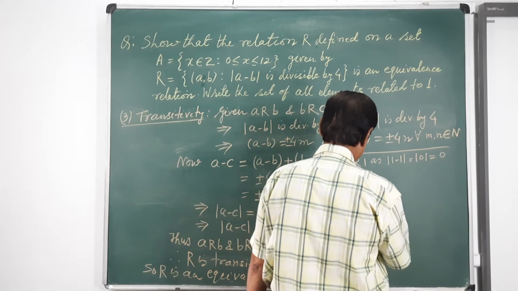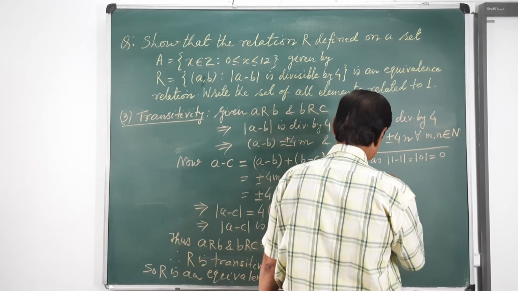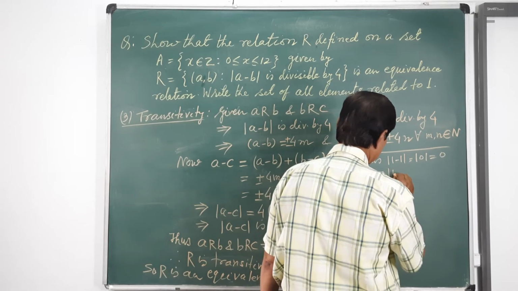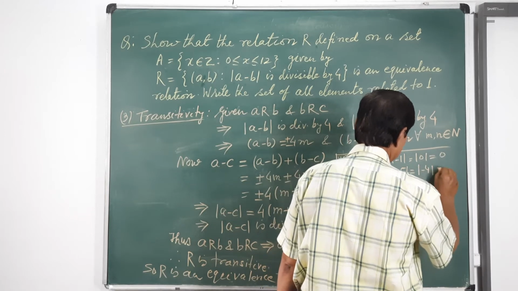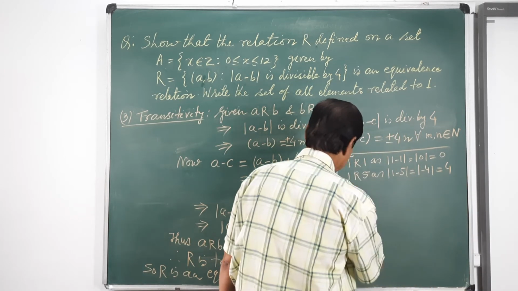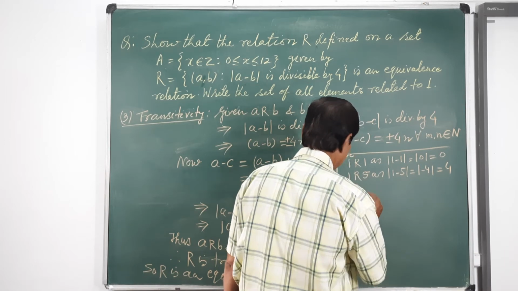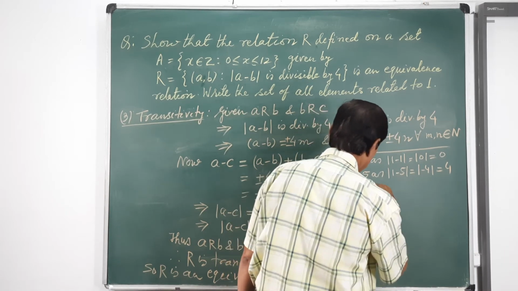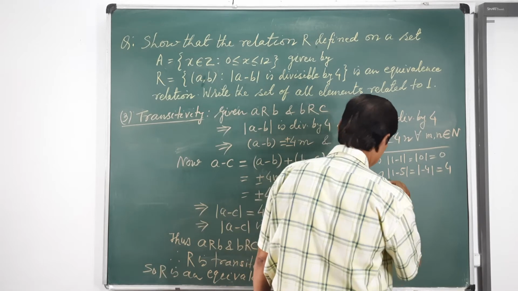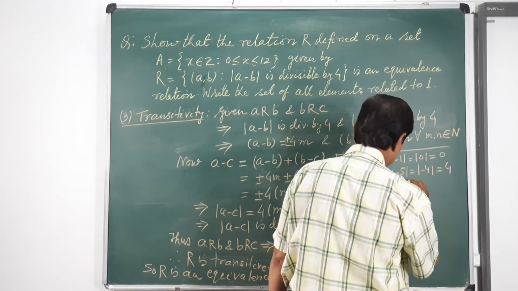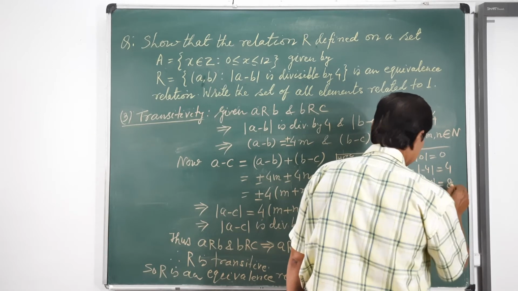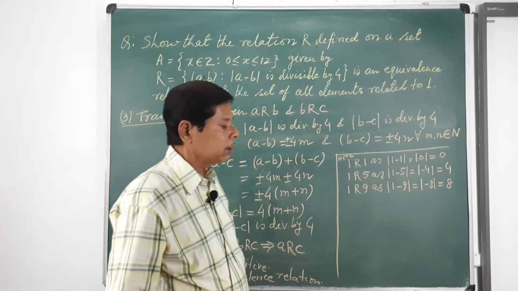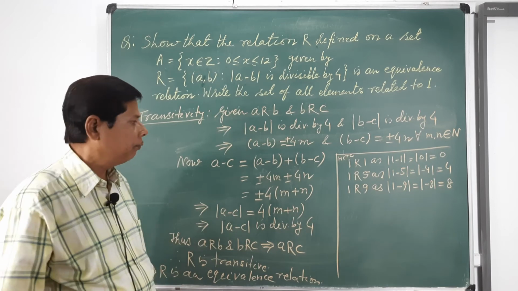1 is related to 5 as mod of 1 minus 5 equals mod of minus 4 equals 4. 1 is related to 9 as mod of 1 minus 9 equals mod of minus 8 equals 8. So 0, 4, 8, these are the numbers divisible by 4.